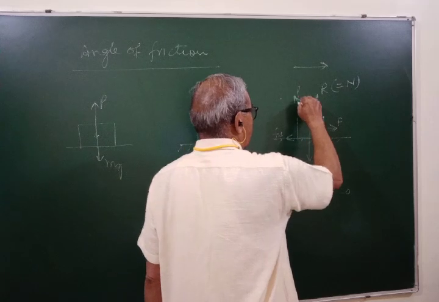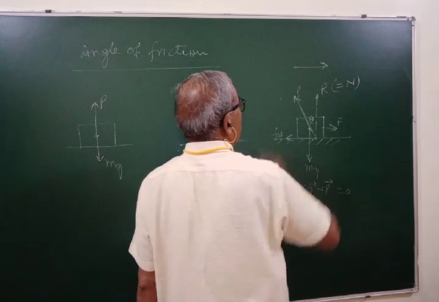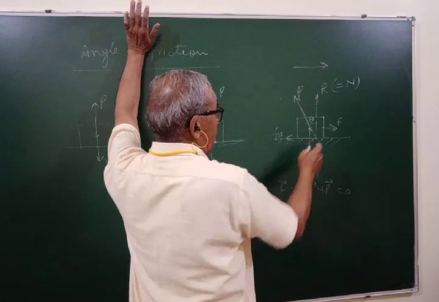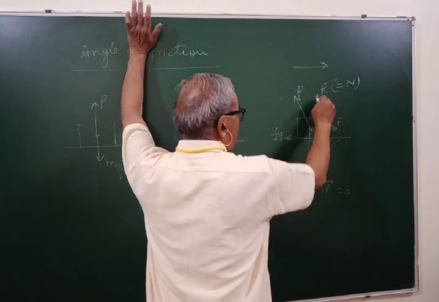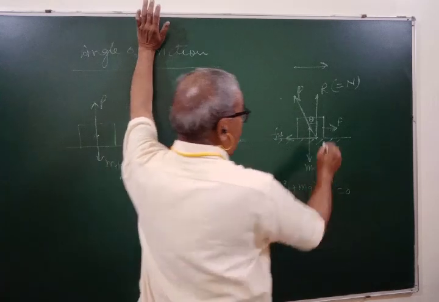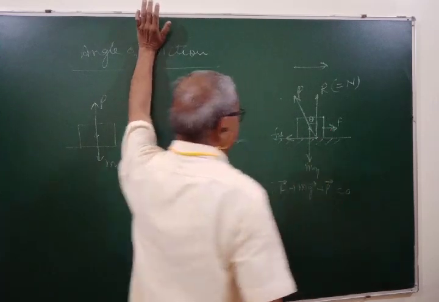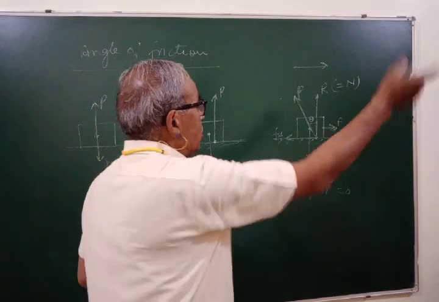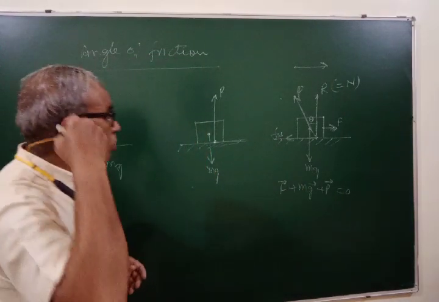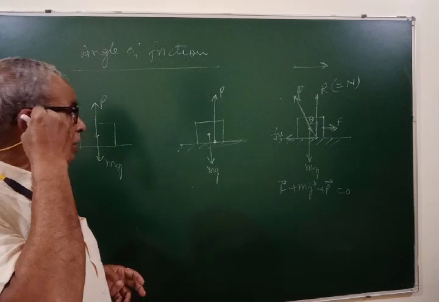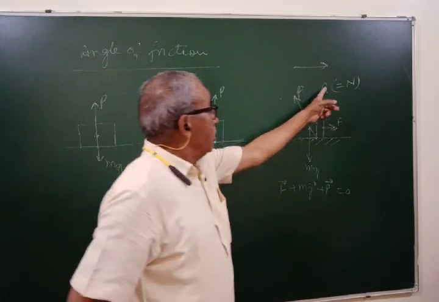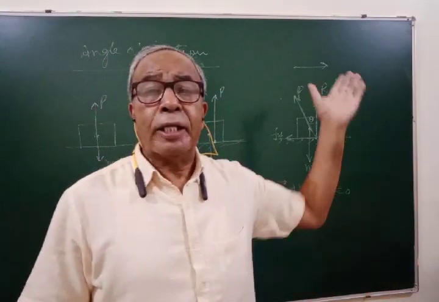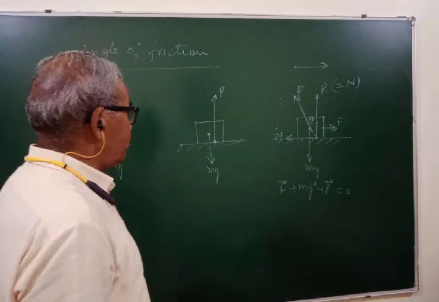This normal reaction, part of the reaction is force P. One along normal, another along surface, opposite direction of P. तो ये F और Fs equal है. That is why there is no acceleration in horizontal direction. R is equal to mg होगा. That is why there is no acceleration in vertical direction also.